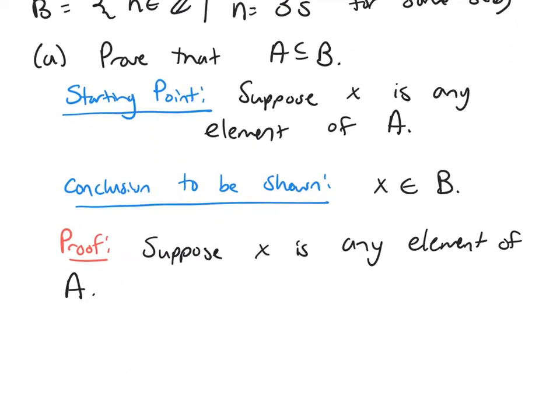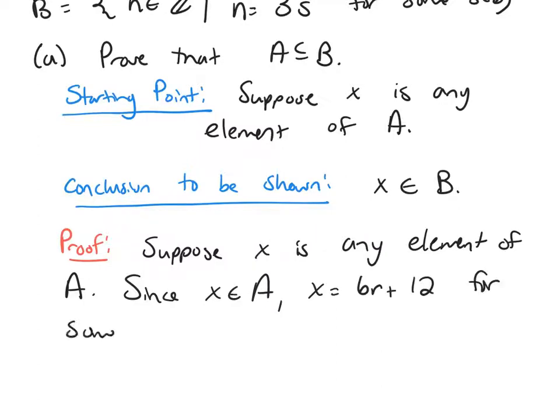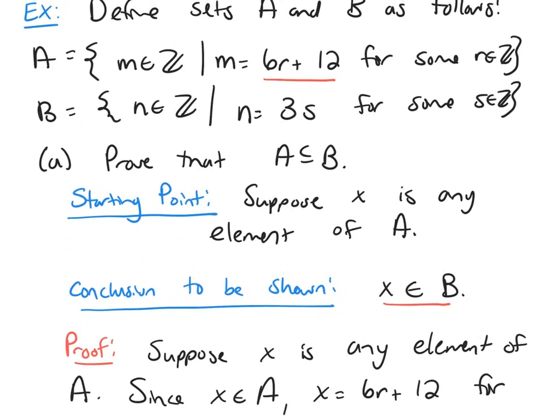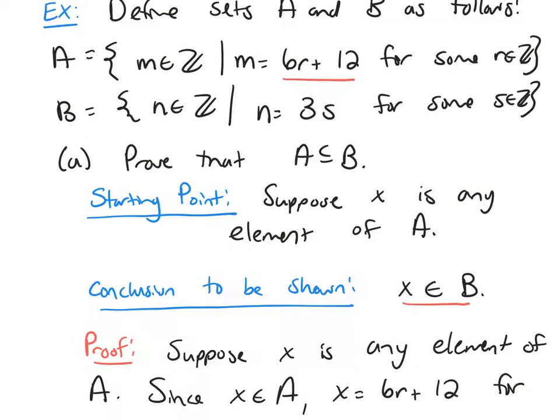So I'm going to say since x is in A, x equals 6r plus 12 for some integer r. And now the conclusion I'm trying to get to here is that x is in B. So let's look at the definition of B. In order to be in B, I need to be able to write x as 3 times some number.